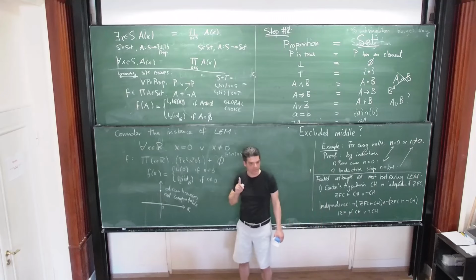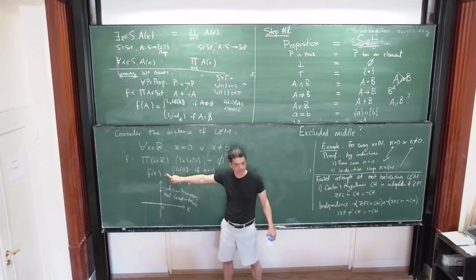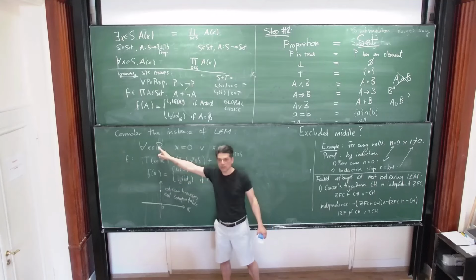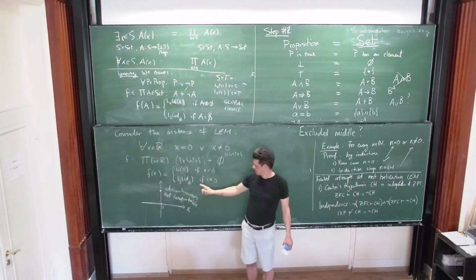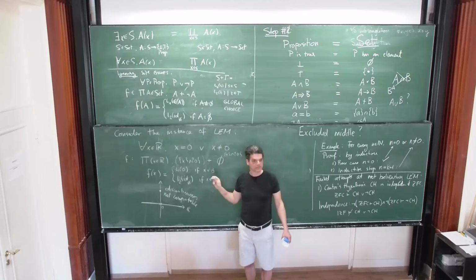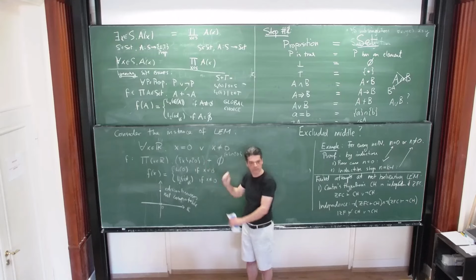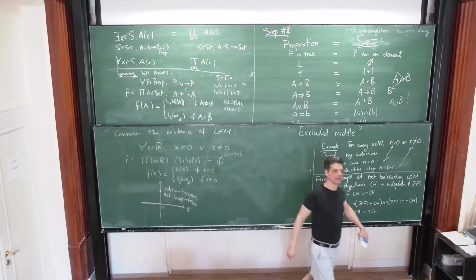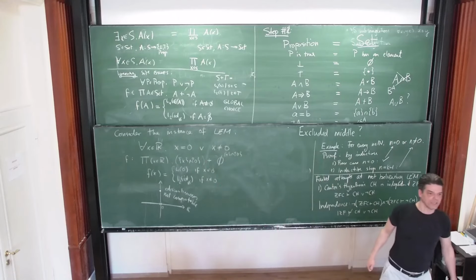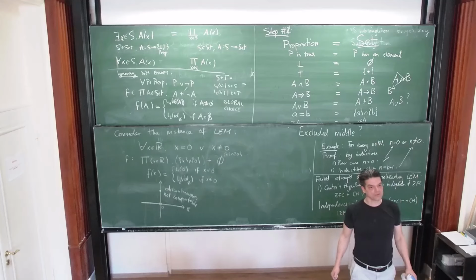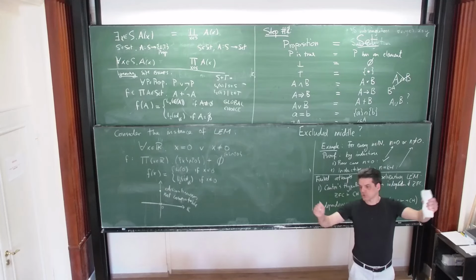At the end of the day, this function shouldn't be there. Right? So at least for nice spaces like real numbers and discrete space on 2 points, the functions should be the continuous ones, then we're okay, then we broke excluded middle. So one reason that excluded middle can break is because it forces you to make a discontinuous choice.